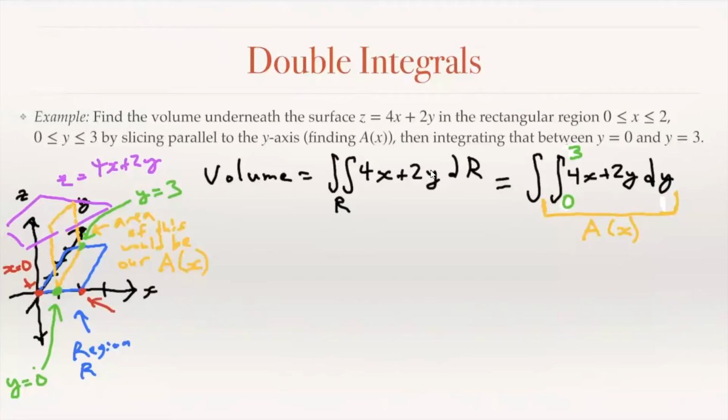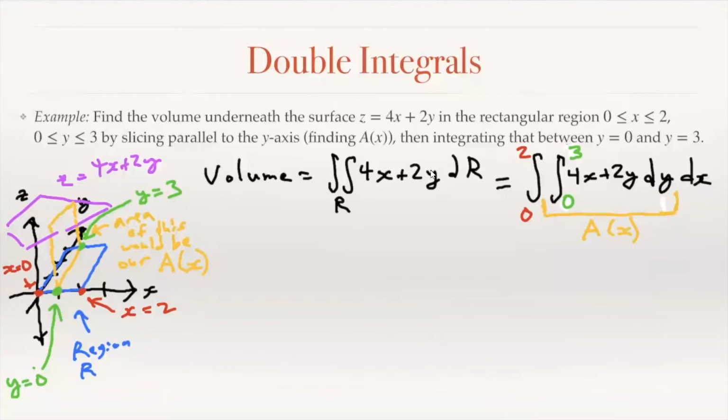Okay, so up to x equals 2. And we'll be doing that dx. So our outer integral is dx, and we're integrating between x equals 0 and x equals 2. And that is how you form a double integral with the appropriate bounds, through visualizing the slicing.